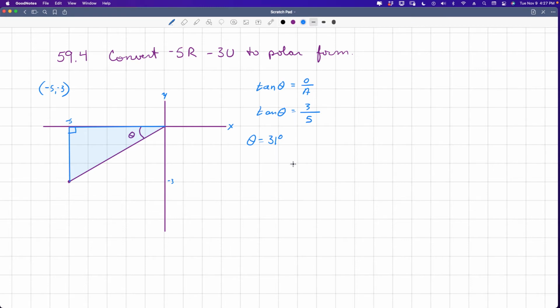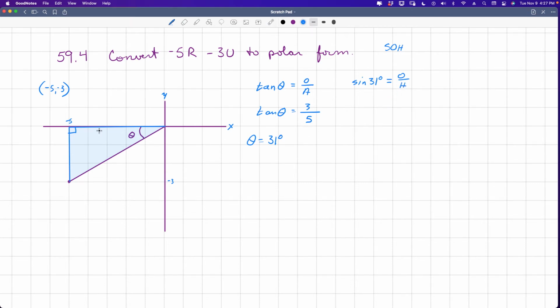Now we can use either the sine of 31 or the cosine to find H, which is the hypotenuse. So let's do the sine of 31, right? Because sine is opposite over hypotenuse.